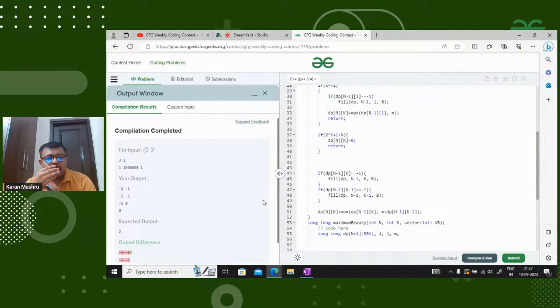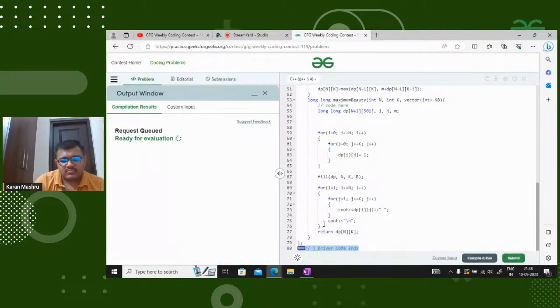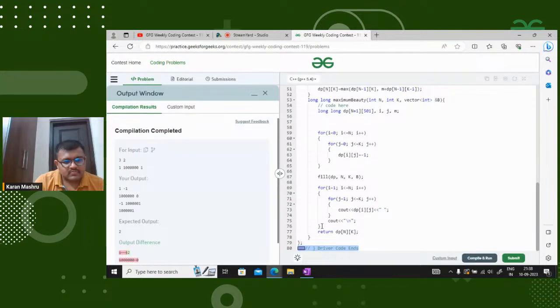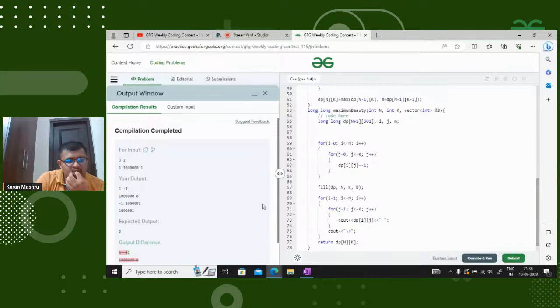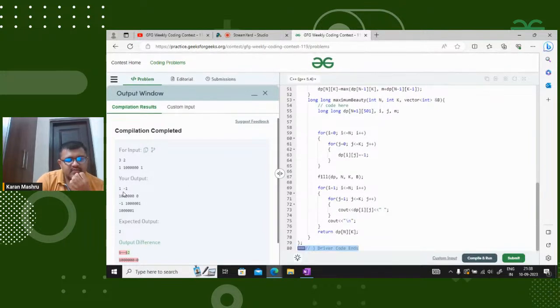K is 2, so 2 into 2 is 4 plus 1 is 5. Okay, this should be minus 1. So this is considering only the first element we can get.